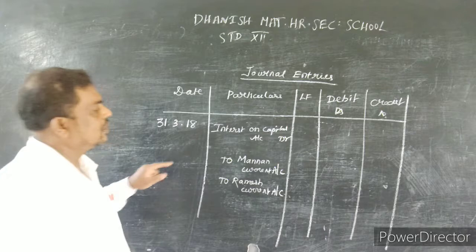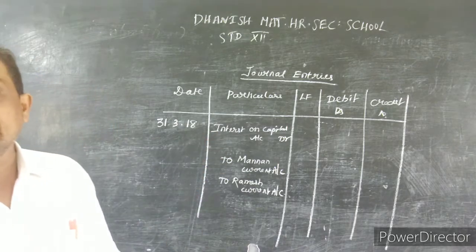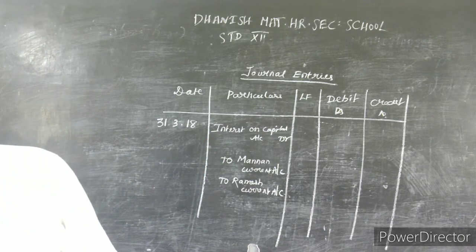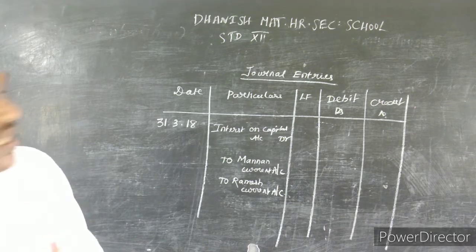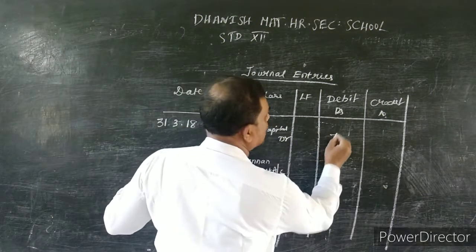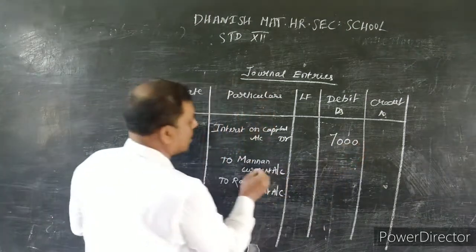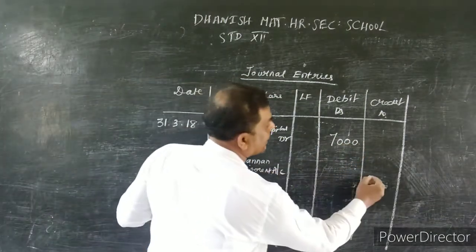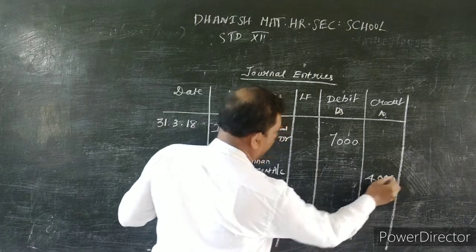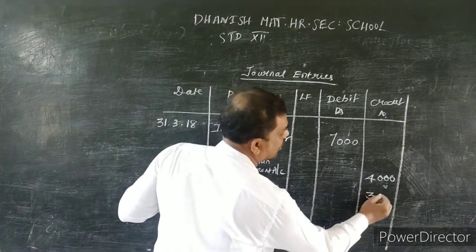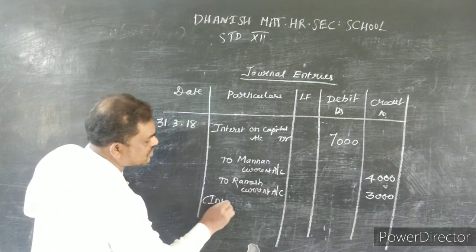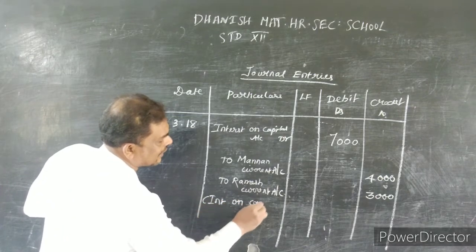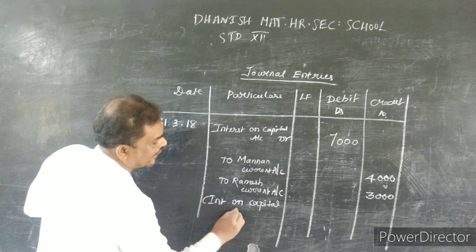Listen. The interest on capital for Mannan is 4,000, for Ramesh is 3,000. 4,000 plus 3,000, totally 7,000. Now we have to split: for Mannan 4,000, for Ramesh 3,000. Narration: interest on capital provided.